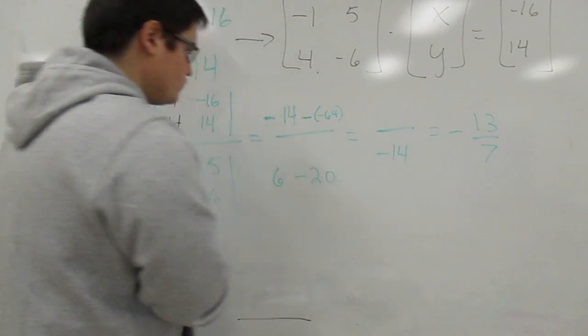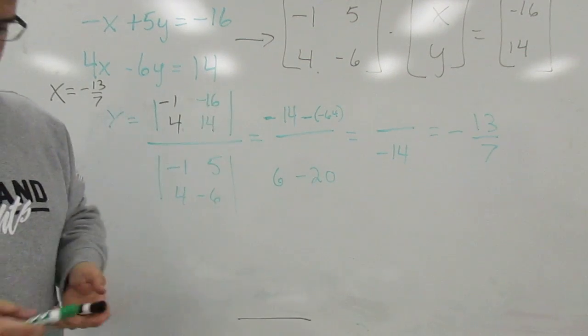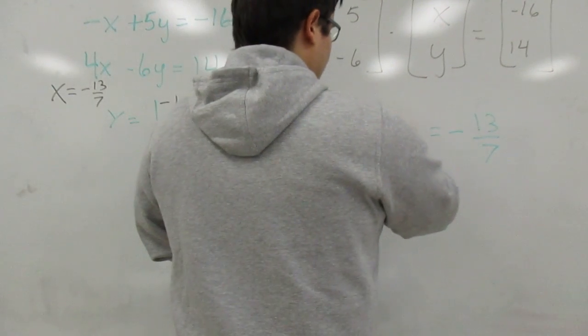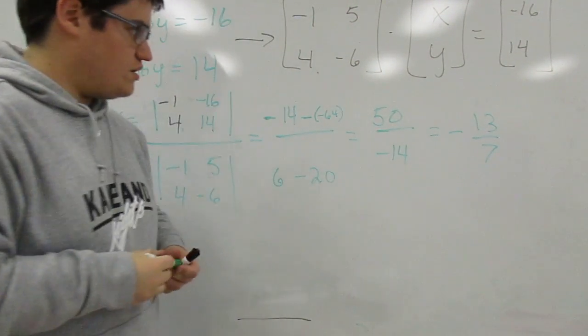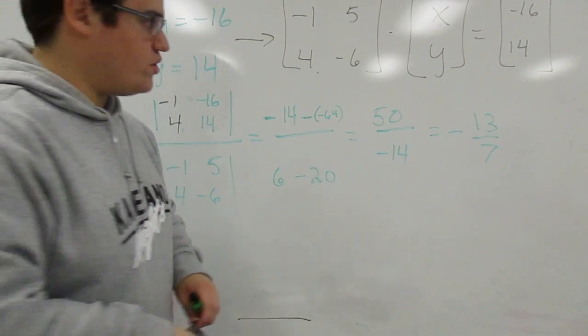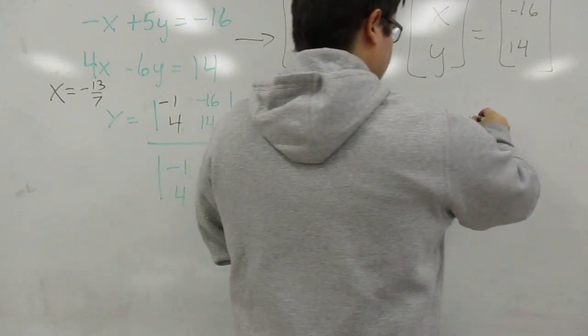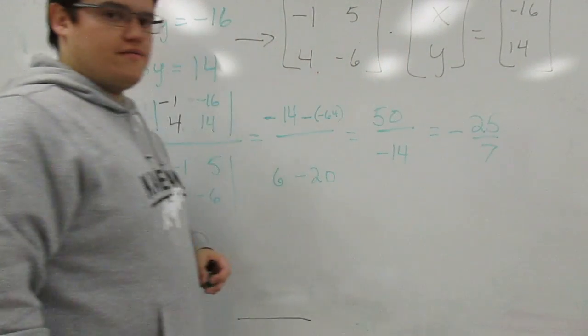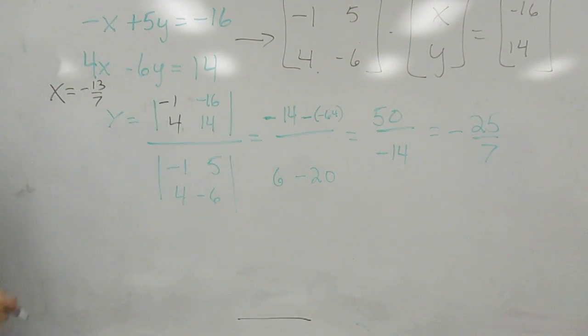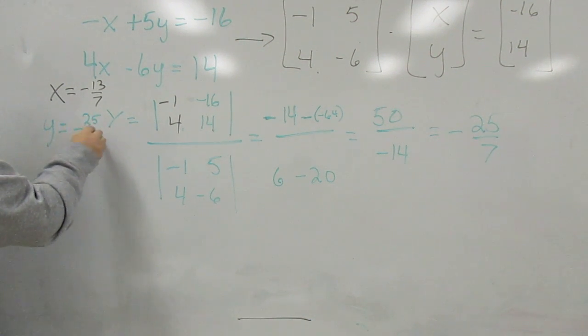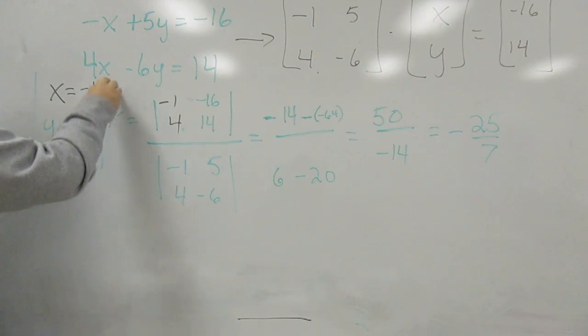Okay. So -14 minus a -64 gives us what, 50. They both share a factor of 2 again. So we can reduce that. Get 25. So x equals -13 over 7. Y equals -25 over 7.